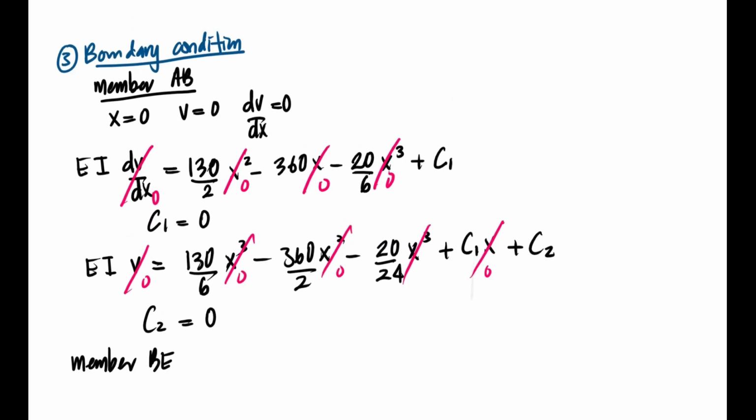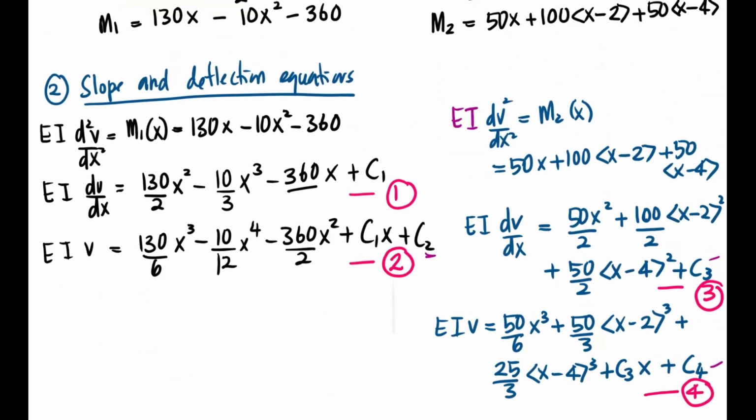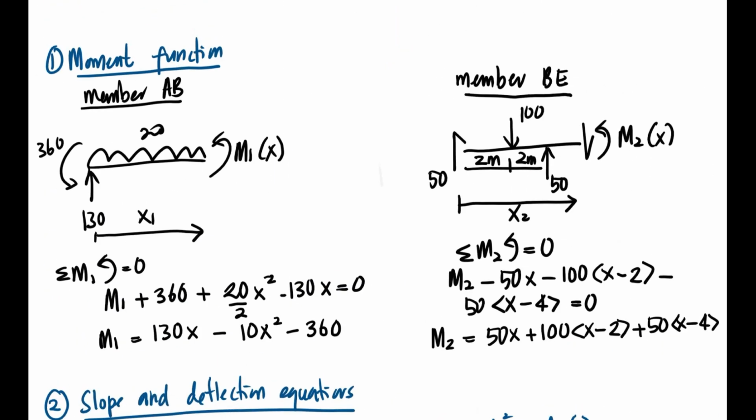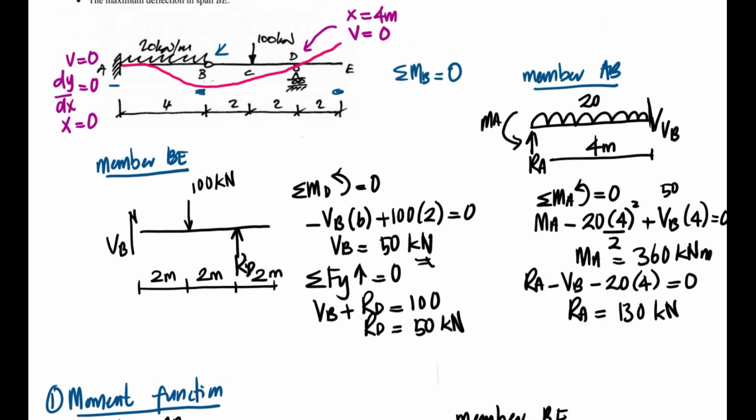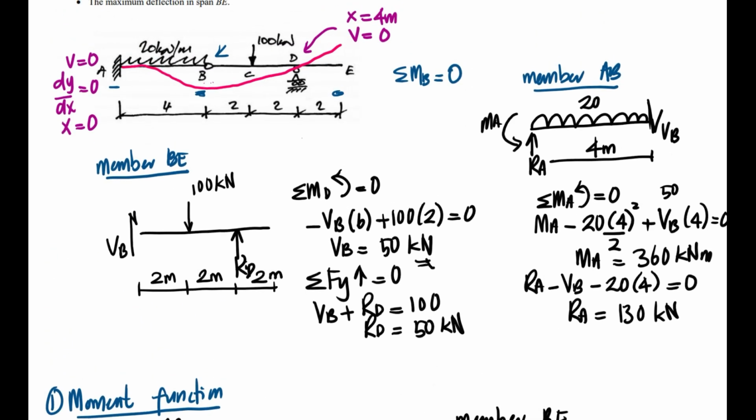In the case of member BE, a more typical analysis is needed to calculate the constants C3 and C4. So we must first determine the deflection at B. What does it mean? Let's take a look at the figure again. At B there will be deflection.